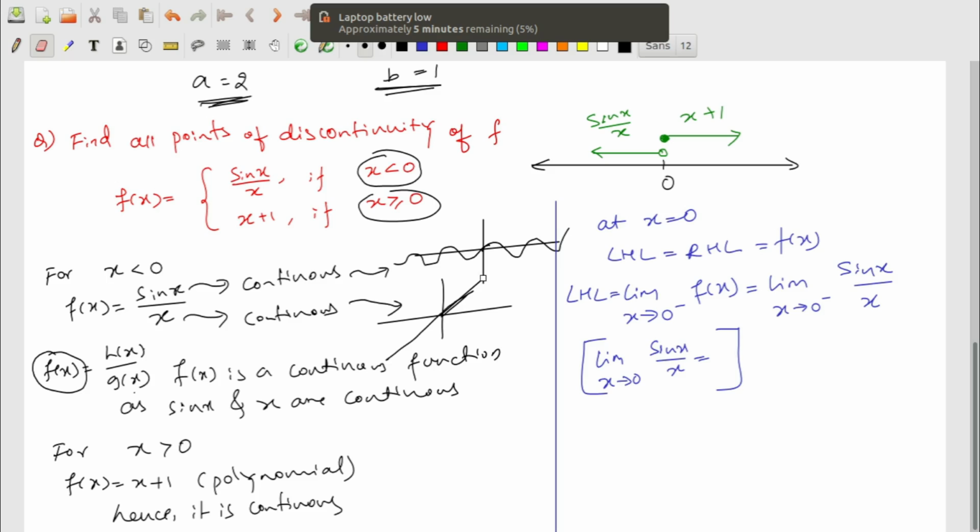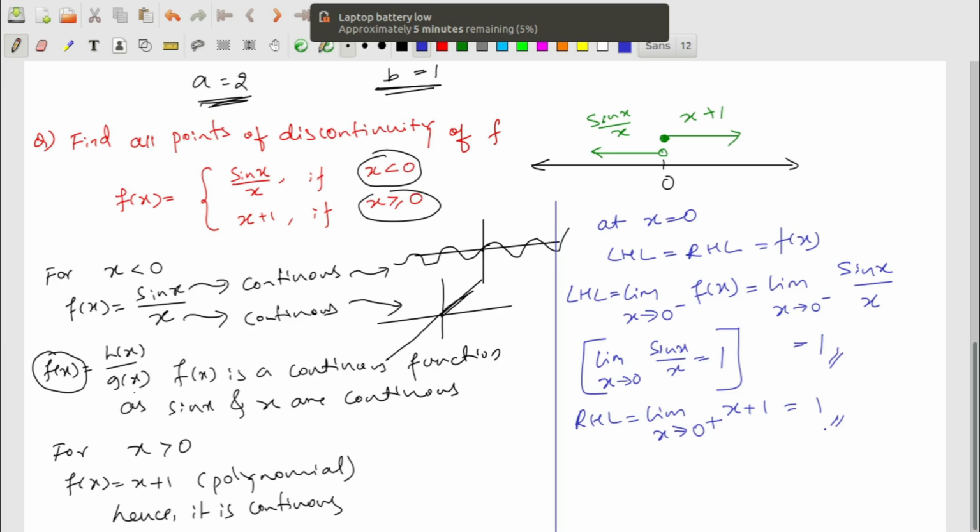Sorry, it is not 0, it is actually 1, right? We learned it from PU first year. So now what I will do, I will directly take it as 1 here, right? So then you find the limit x tends to 0 plus, greater than 0, then it is x plus 1, you make the substitution and you will get 0 plus 1, that is 1.